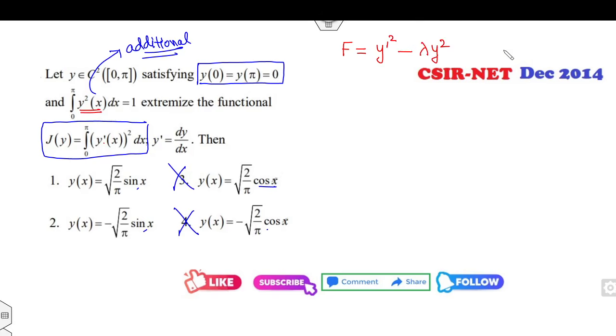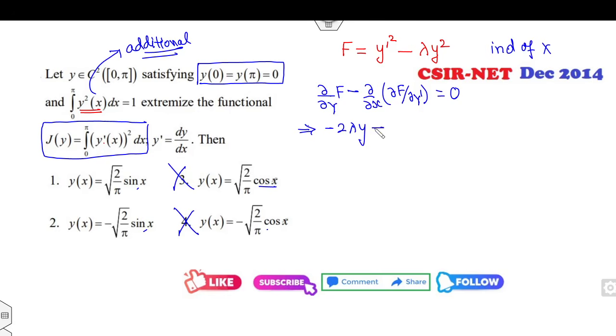Now clearly this is independent of x, but because of the plus minus sign, I can start with this equation: del f upon del y minus the derivative of del f upon del y dash is constant 0. So what is that? Del f upon del y is minus 2 lambda y, minus the derivative of 2y dash, is equal to 0.